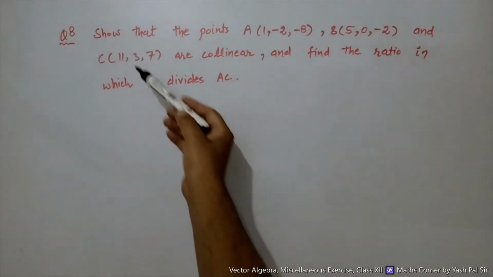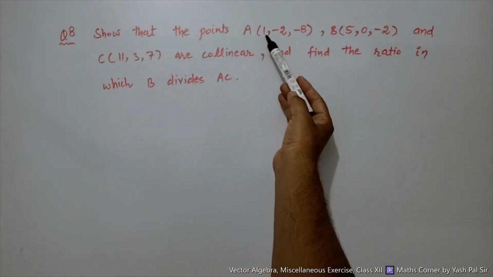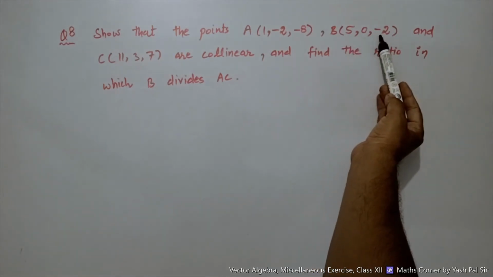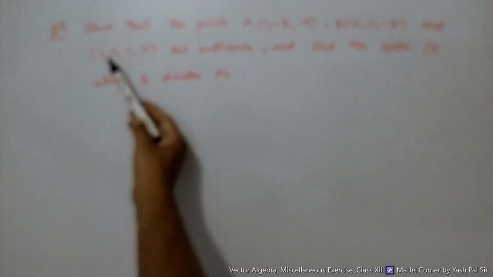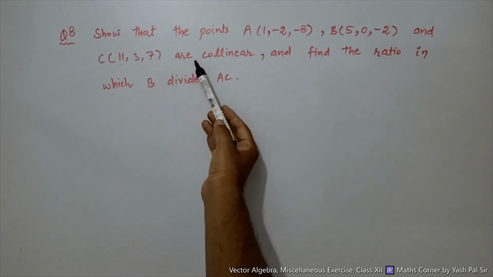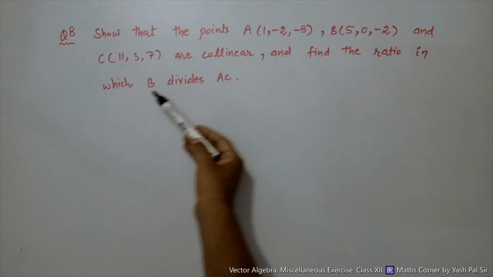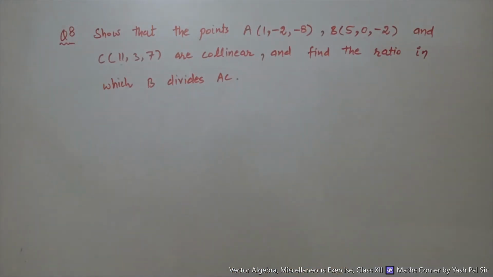Question number 8. Show that the points A(1, -2, -8), B(5, 0, -2), and C, the point (11, 3, 7), are collinear, and find the ratio in which B divides AC.